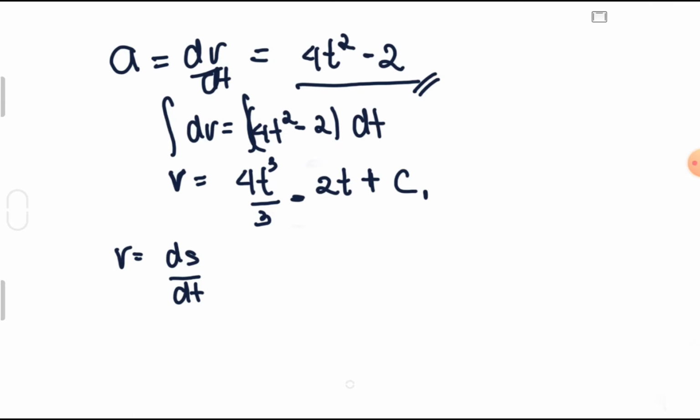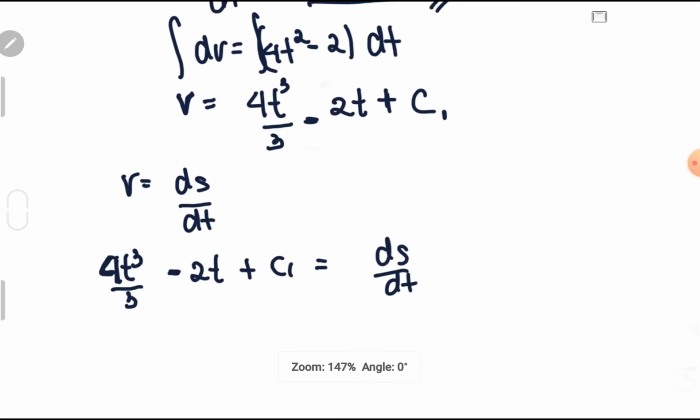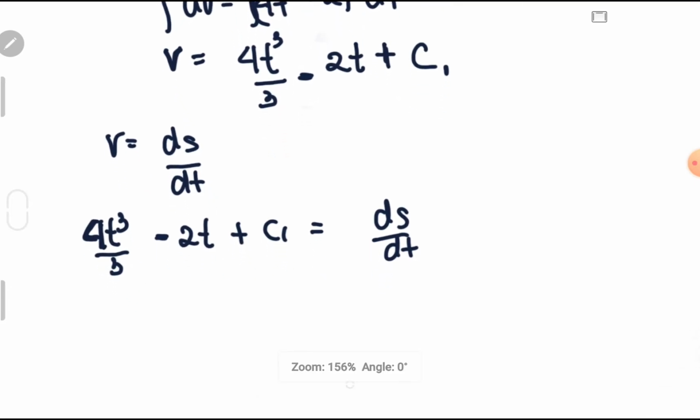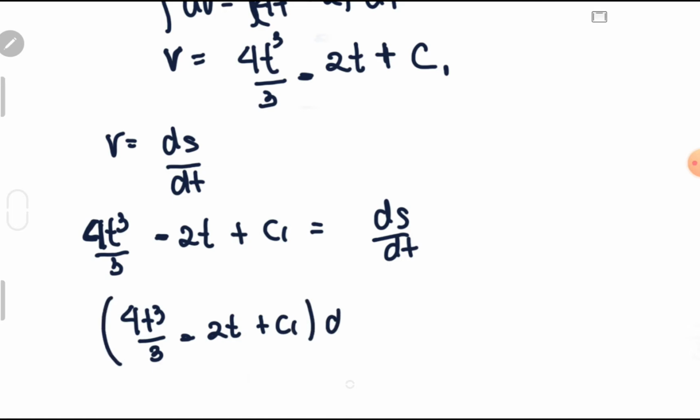Therefore, we may say that 4t³/3 − 2t + c1 is equal to ds/dt. By cross-multiplying dt, we have (4t³/3 − 2t + c1) dt equal to ds.